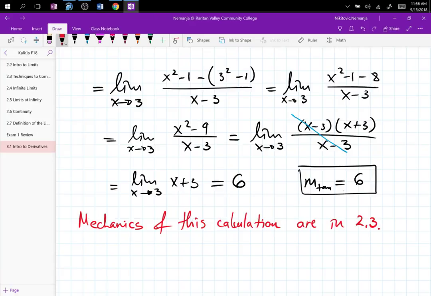So this is why I said your concepts are chapter 3, your calculations are chapter 2. You have to take the limit. That's chapter 2.